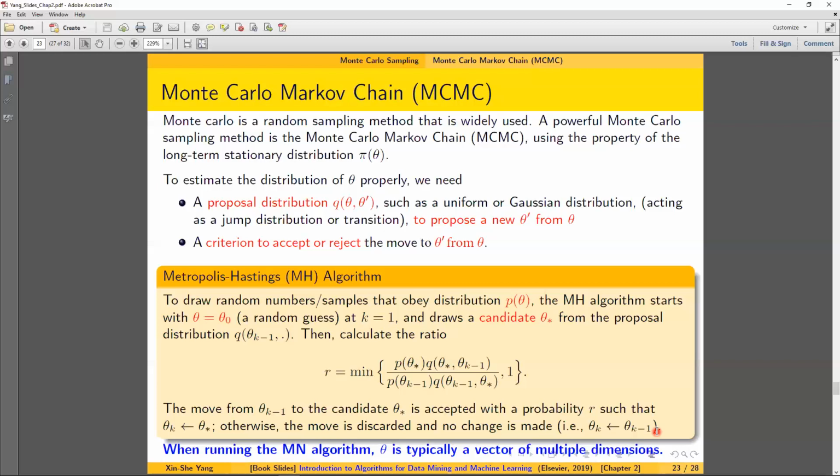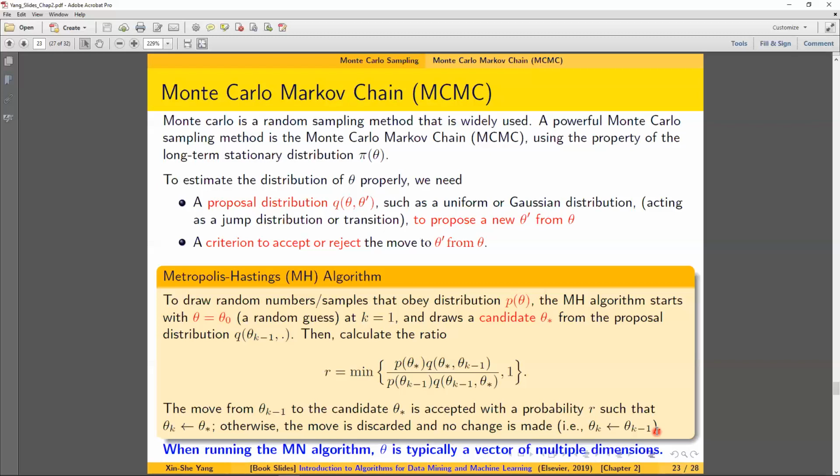The MH algorithm starts with theta equal to theta 0, which is a random guess at k equal to 1, and draws a candidate theta star from the proposal distribution Q. Then it calculates the ratio R, which is p(theta star) times q(theta star, theta k minus 1) divided by p(theta k minus 1) times q(theta k minus 1, theta star).